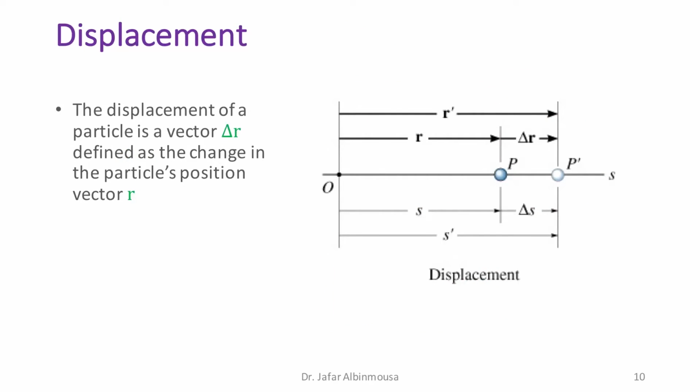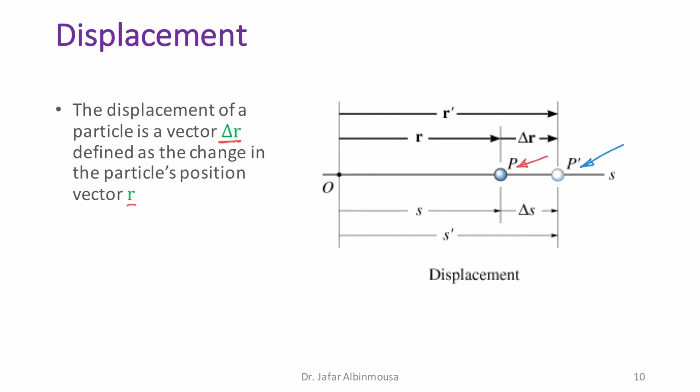The displacement of a particle is a vector, which is called delta R, defined as the change in the particle's position vector R. So if you look here, the position of the particle was P, and then it changed to P prime.